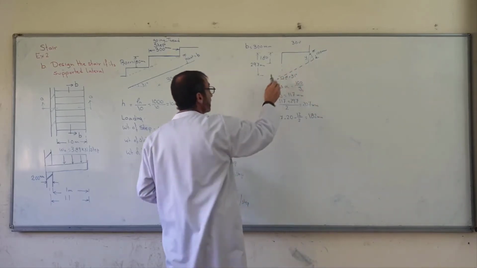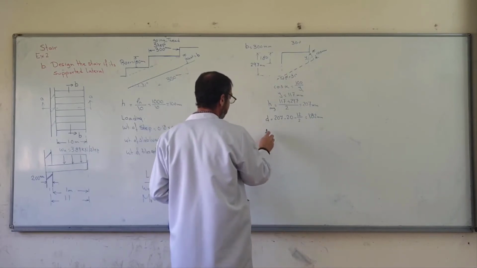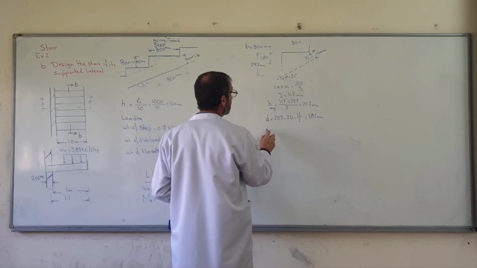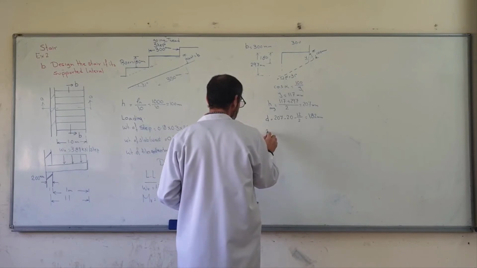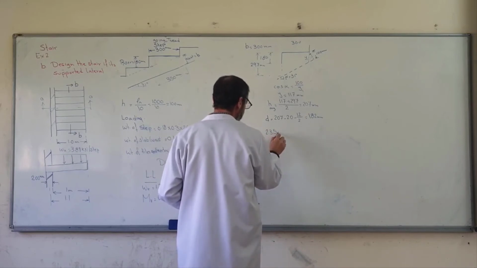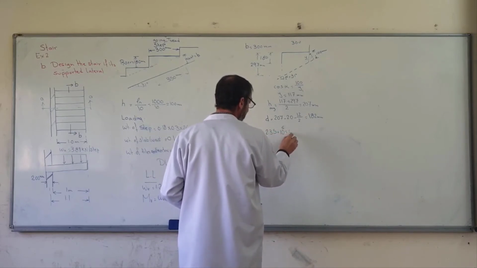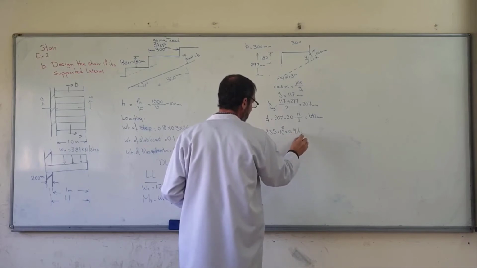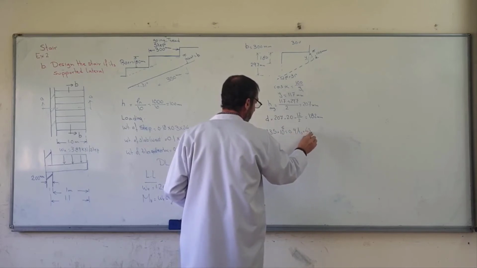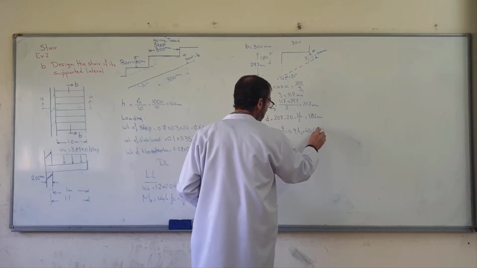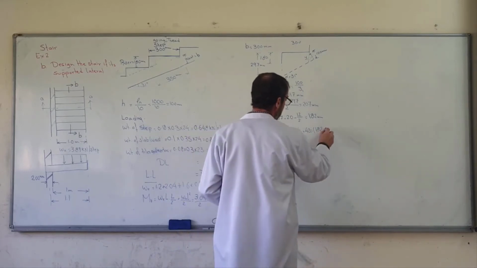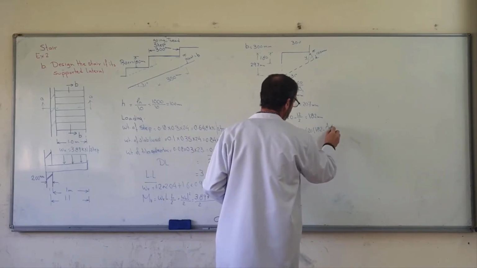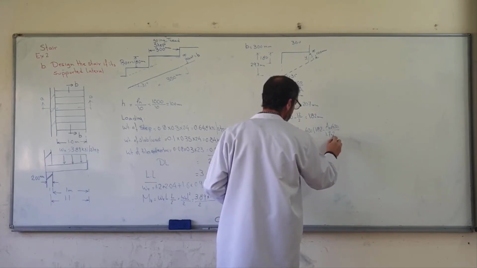Now design for this reinforcement. Moment is equal to 2.35 times 10 to the power 6, 0.9 AS fy (d minus AS fy over 1.7 f'c b), with fy 420, f'c 28.